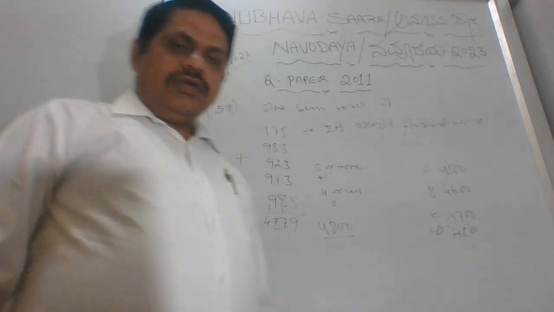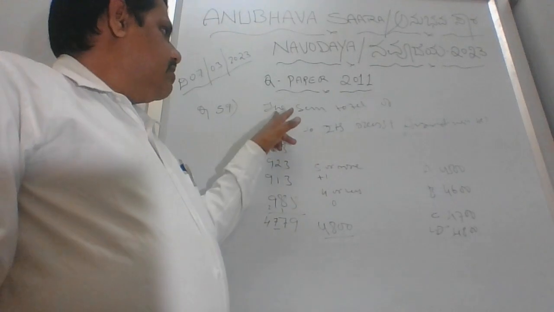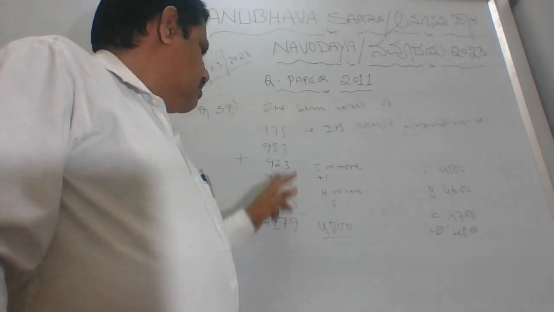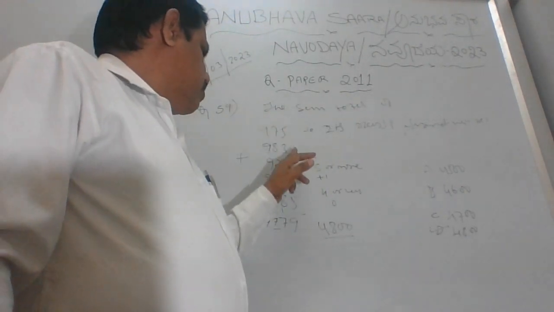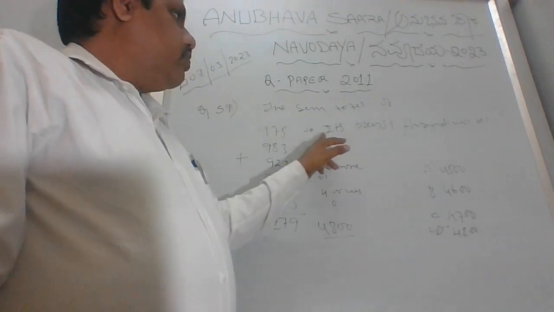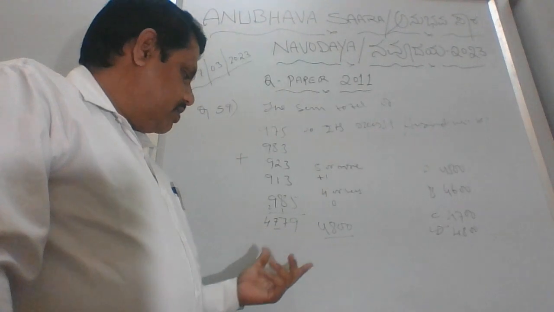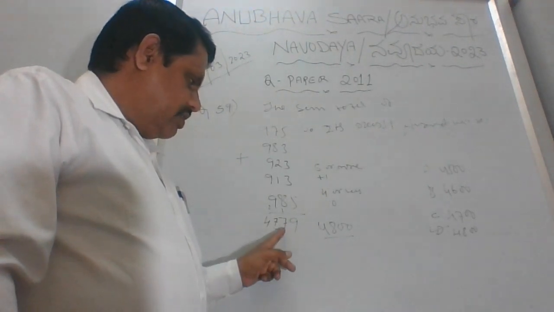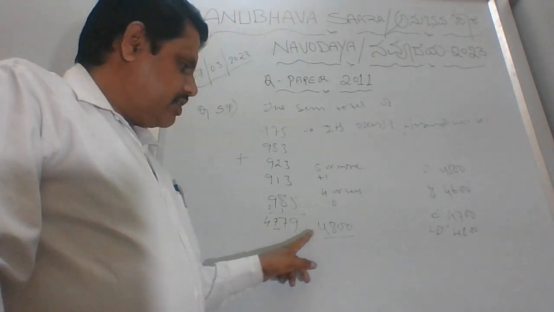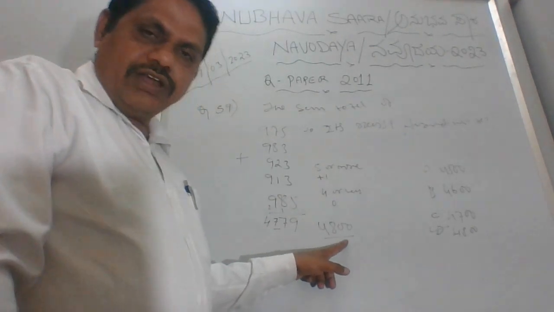Clear? So I'll repeat once again. The sum of the total of these 5 numbers, 1, 2, 3, 4, 5, to its nearest 100. Once we added all these numbers, we got 4779 and the answer will be 4800.